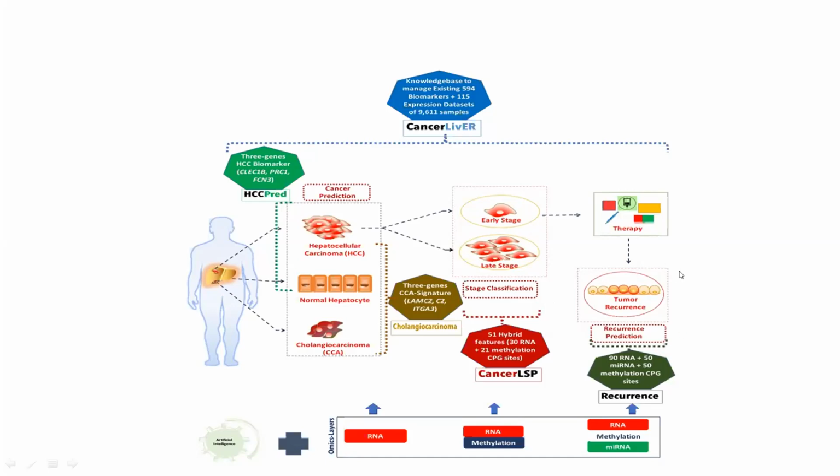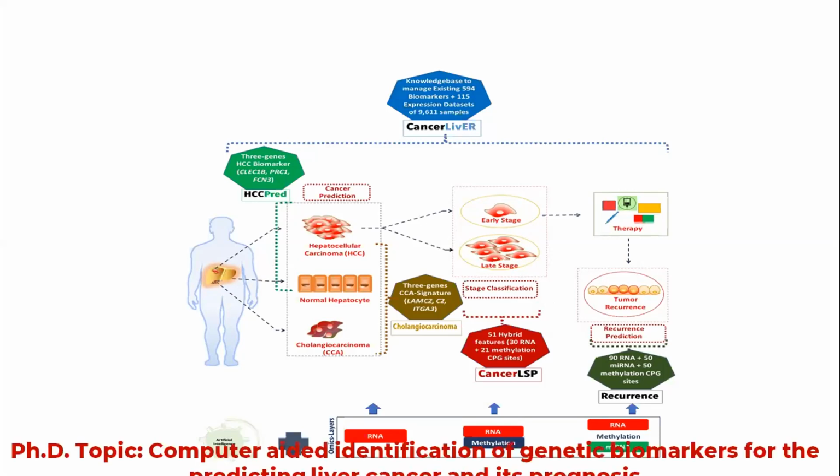And in the last problem, we tried to identify multi-omics biomarkers that include RNA, miRNA, and methylation that can stratify high-risk and low-risk recurrence HCC patient groups. So let me demonstrate some of these results one by one.